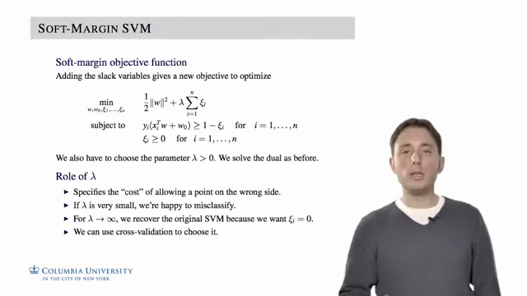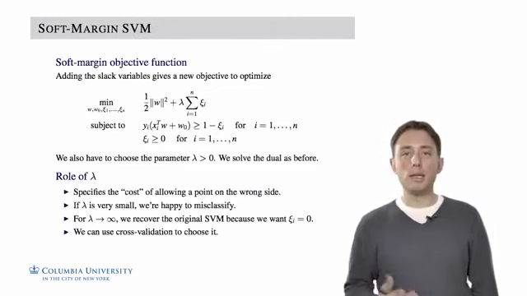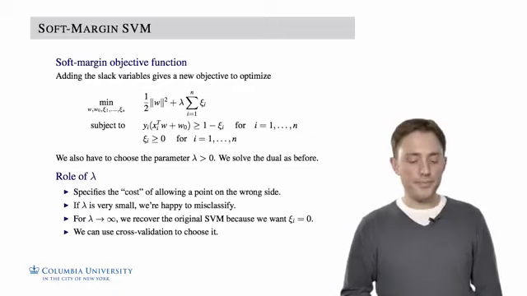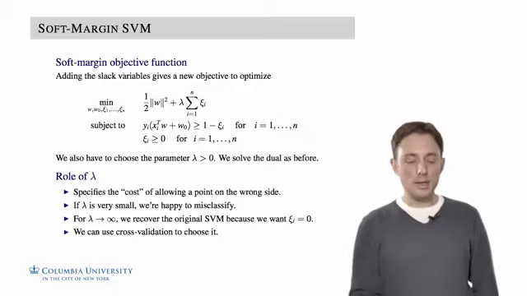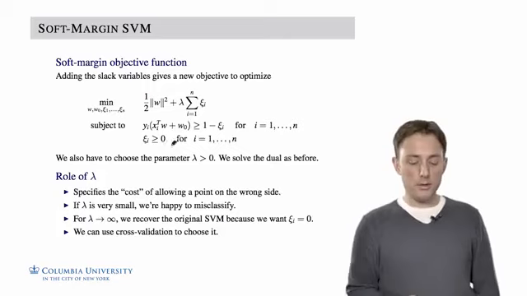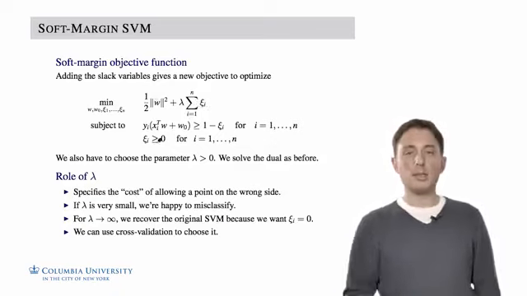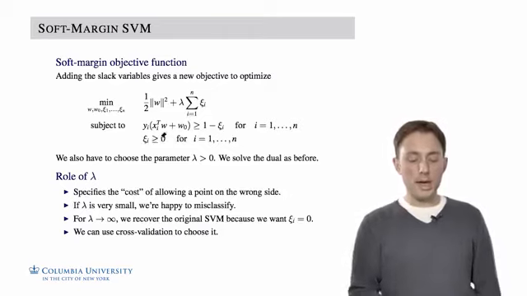We therefore need to formalize this by building it into our objective function. The way this is done is that we take the original objective function, which we wanted to originally minimize, and now we add to it the sum of these slack variables, and because they have to be positive or equal to 0, that's a constraint that we add.